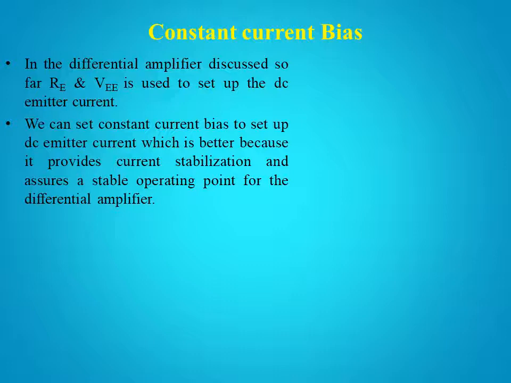The reason is to provide current stabilization. The total amount of current flowing in the differential amplifier should remain constant. If that changes, then we will defeat the purpose of a stable operating point. So constant current bias is generally used in place of emitter bias so that we get a constant current flowing through the differential amplifier and a stable operating point.